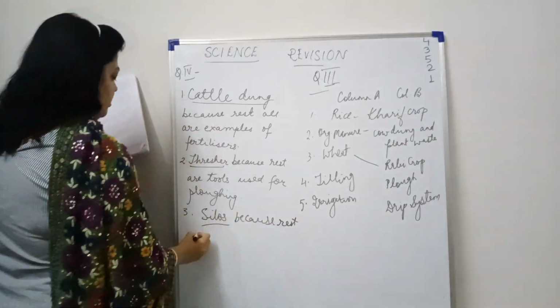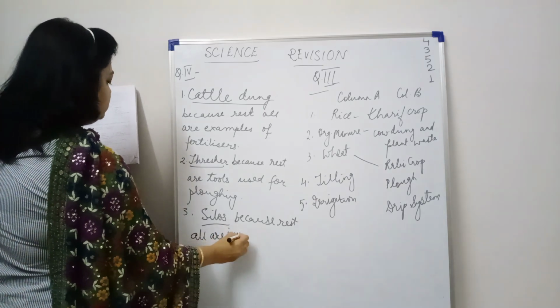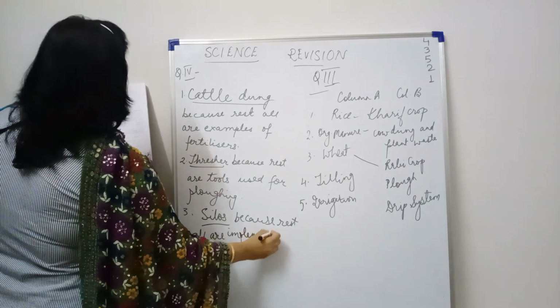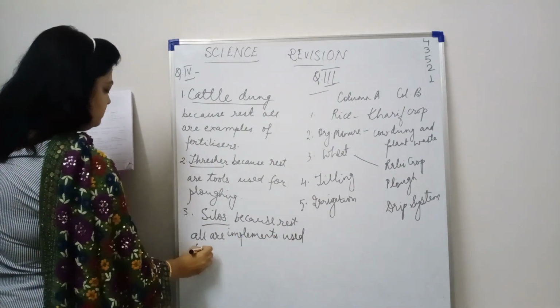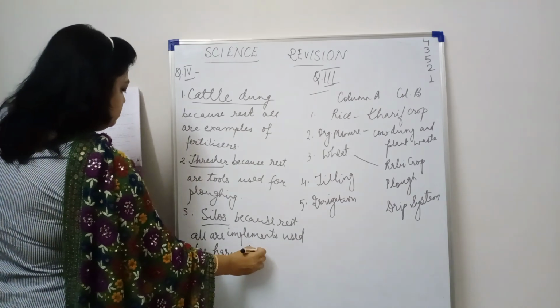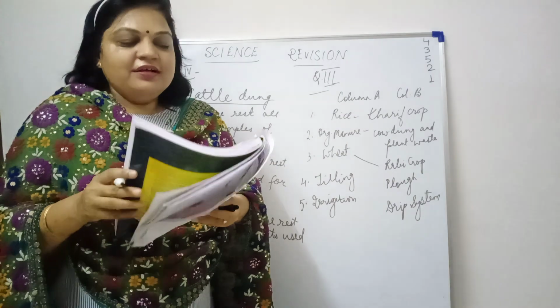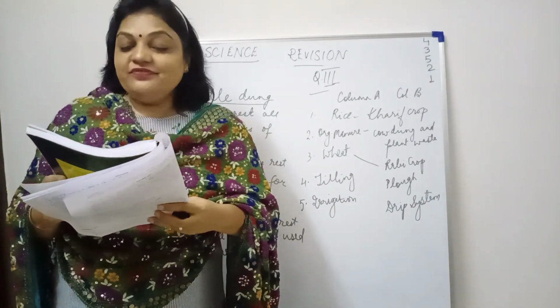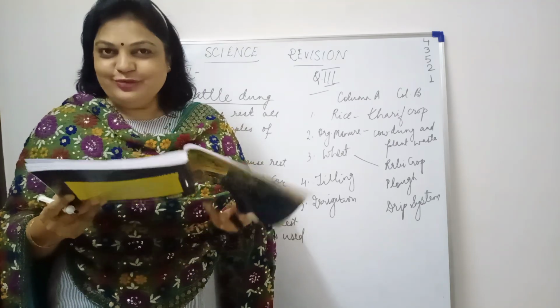Rest all are implements used for harvesting. Okay, so this is there. After this, arrange the following agricultural practices in a proper sequence in the form of flowchart. I think you all can do that very well.